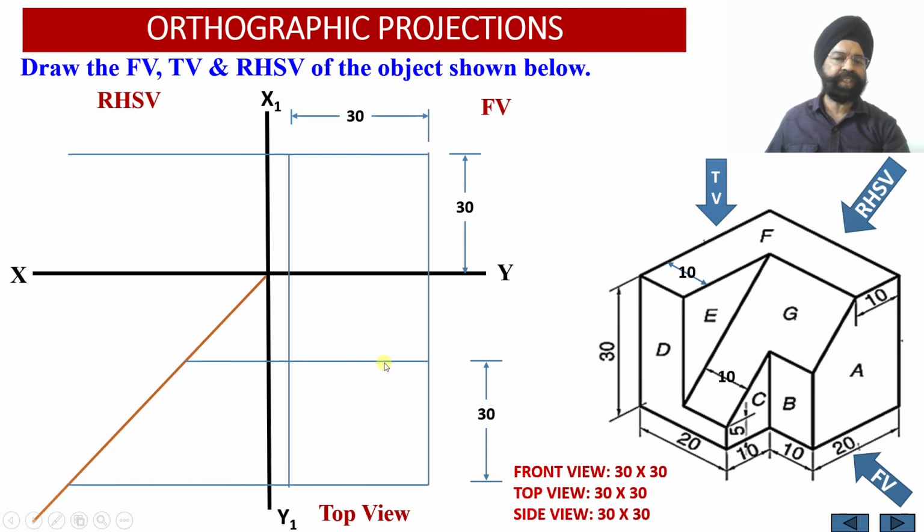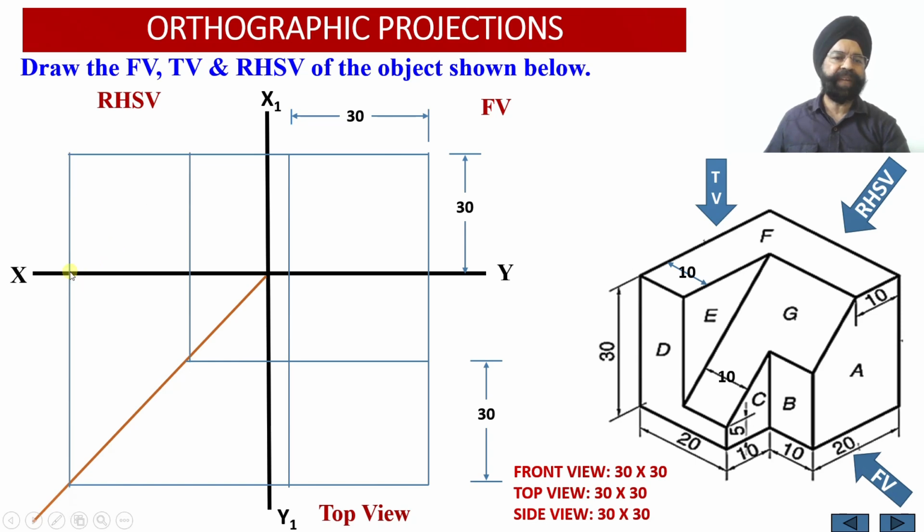Now the width is 30 millimeter and the depth is also 30 millimeter. So in the top view we have obtained the top face projection as a 30 millimeter by 30 millimeter square over here. Now let us transfer this depth using this transfer line onto the right hand side view.